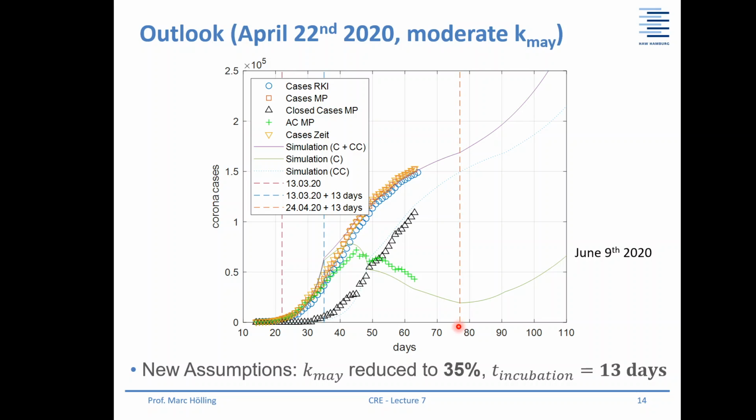Then you can see that if you loosen the lockdown right now, then in about 2 weeks you will see that your number is increasing again, and that also your number of active cases will increase a little bit again.